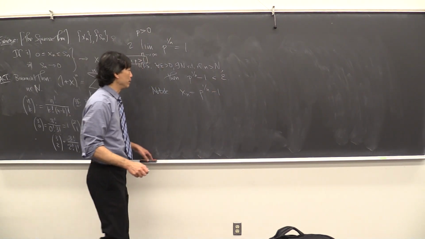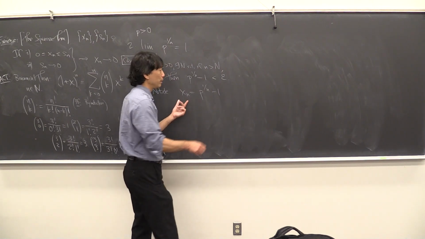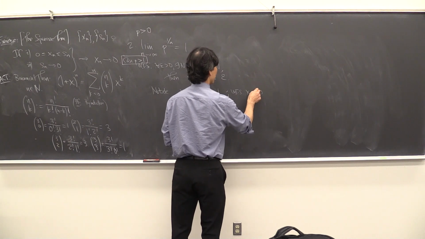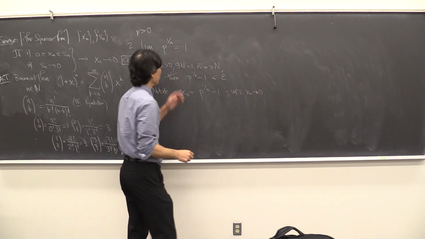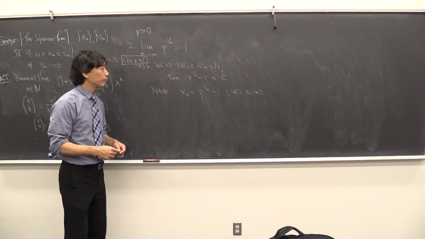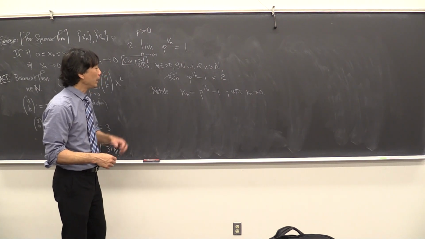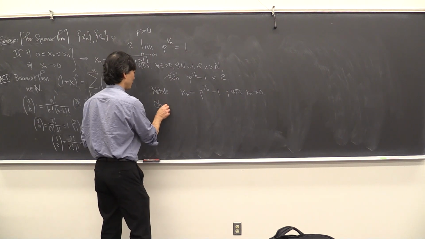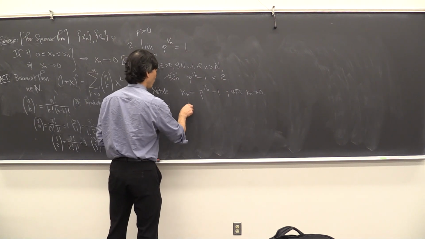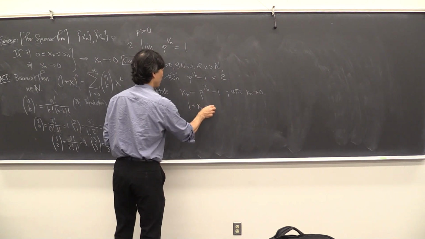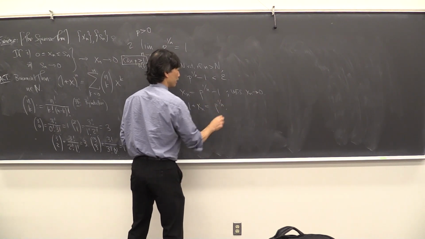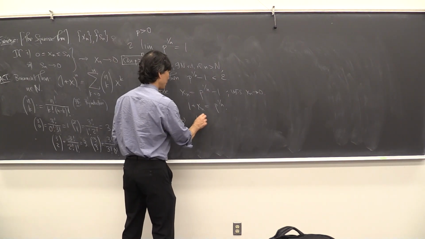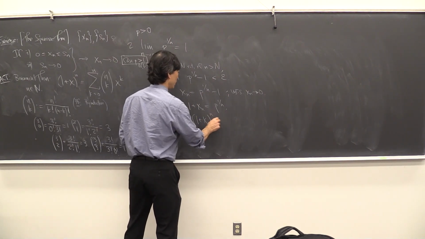We want to show that x sub n goes to 0, which is what we just said. Now here's where the binomial theorem comes in. Observe that 1 plus x sub n is p to the 1 over n. In other words, 1 plus x sub n, to the n, is p.